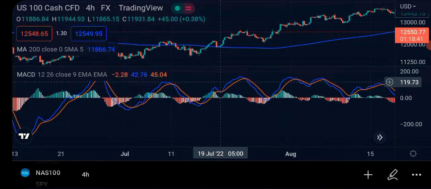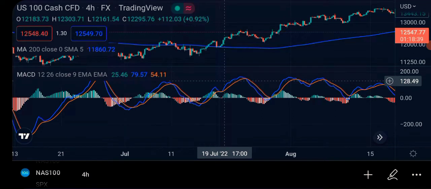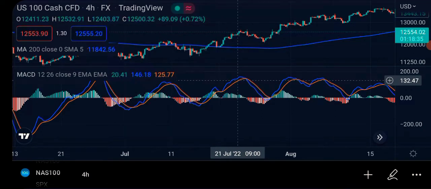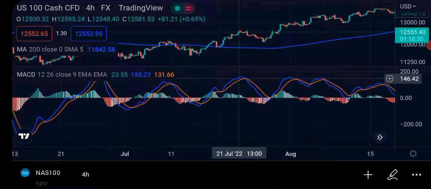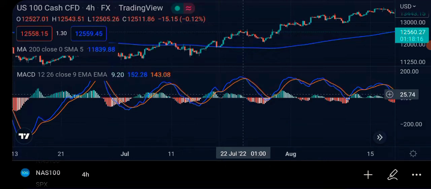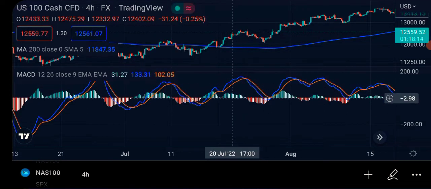Now, whenever the amber crosses the blue curvy lines, it literally means that there's going to be an uptrend, especially when it crosses above the zero level.